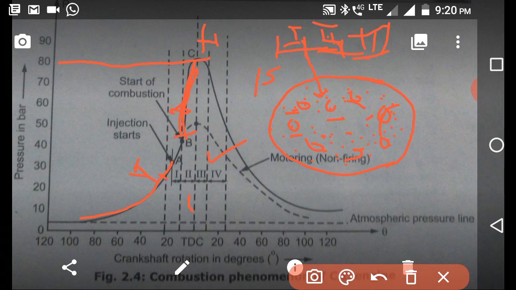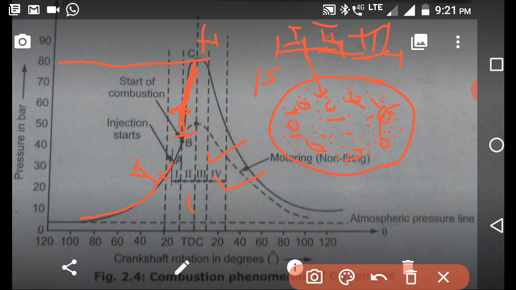After that is the fourth stage, and this stage is the after burning. After that, fuel injection also stops here, but some of the fuel has not burned till now. Because of poor distribution of fuel particles, the burning of unburned and partially burned fuel particles left in the combustion chamber continues, and when they come in contact with oxygen, they will get burned.